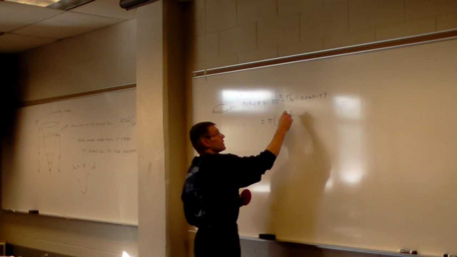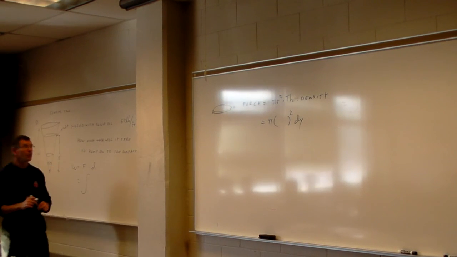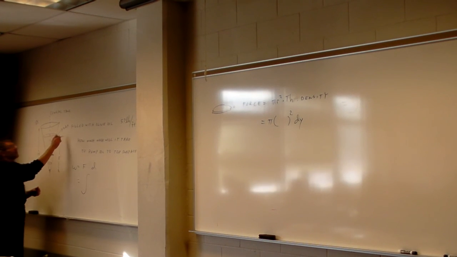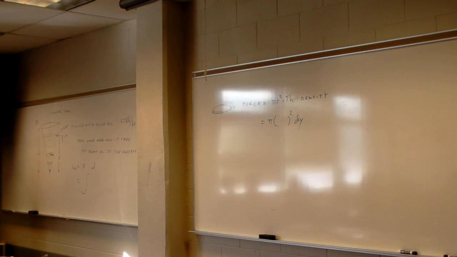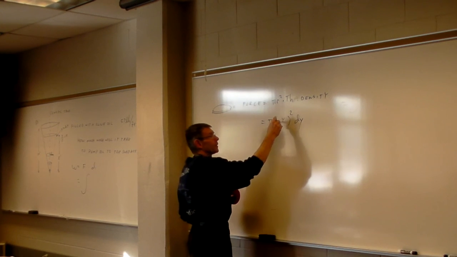So that means the radius has to be in terms of y. What is this radius here? It's the x value. And what's the x value? Y divided by 2. So that's the radius of each disc. So we take y divided by 2.